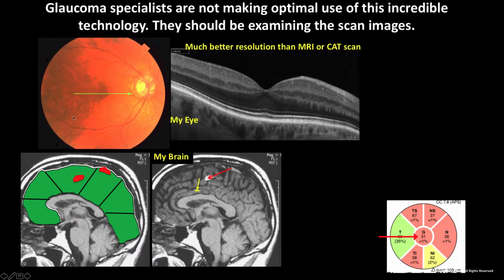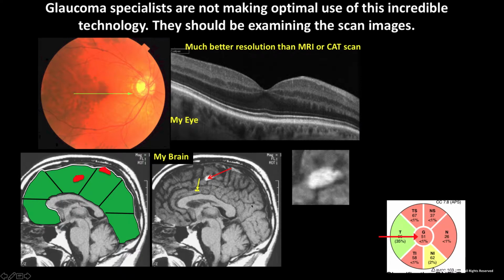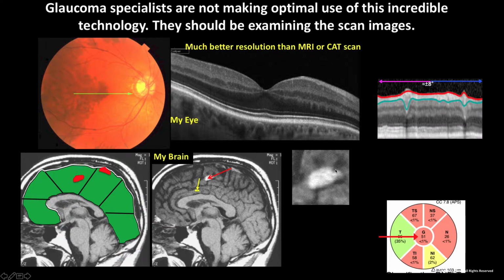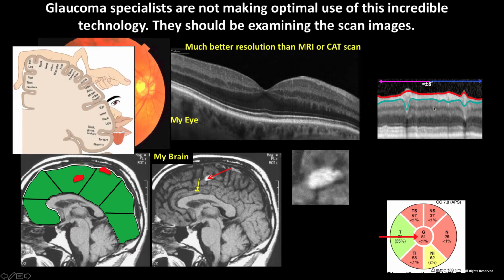Would you want your brain analyzed based on global thickness changes as opposed to changes locally? Of course not. Instead, what the radiologist does is blow this up and look carefully at the margins to see if it's getting larger over time, right? That's what we just suggested one should be doing with the OCT circle scans.